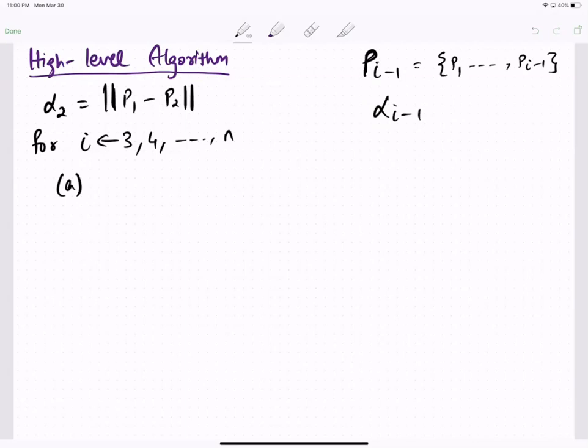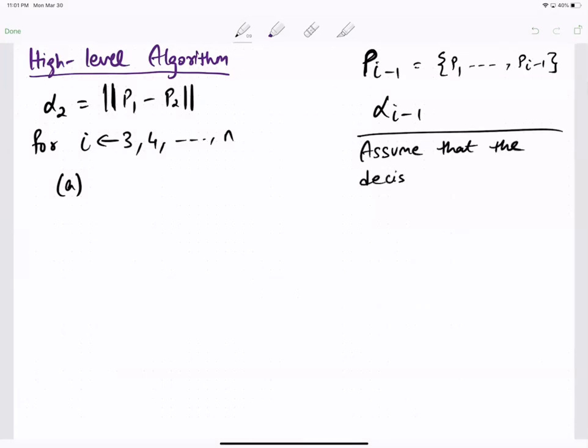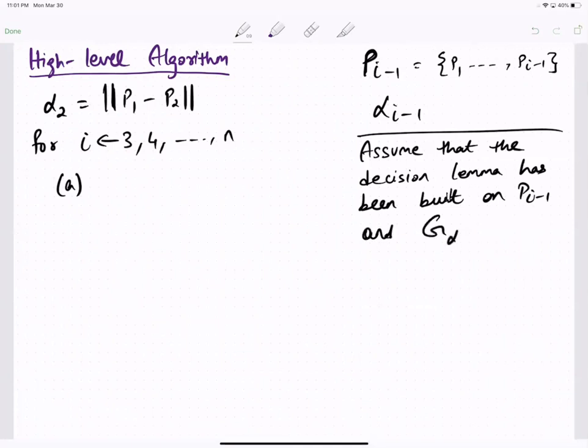So we will assume that the decision lemma has been built on Pi minus 1 and G alpha i minus 1.